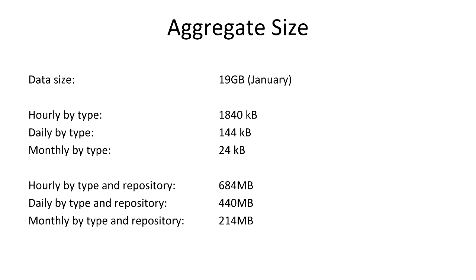So if we assume it had already finished, we can see that for just the generally loaded, the hourly one grouped by type is 1.8 megabytes, by daily is 140 kilobytes, and monthly even fewer. But if you do it by type and repository, you obviously have to deal with a lot more data, because we're not looking only at overall stats, we're looking at much more granular data.